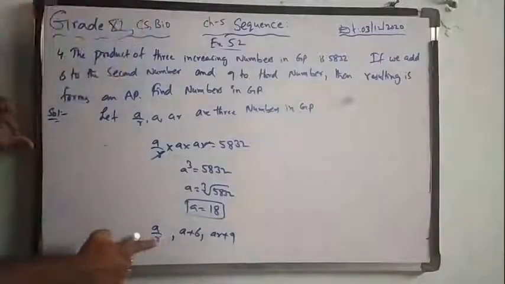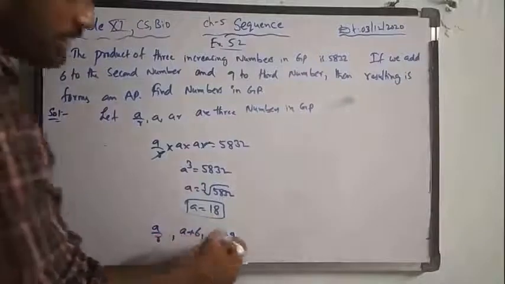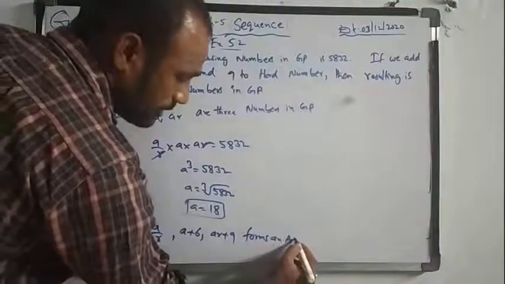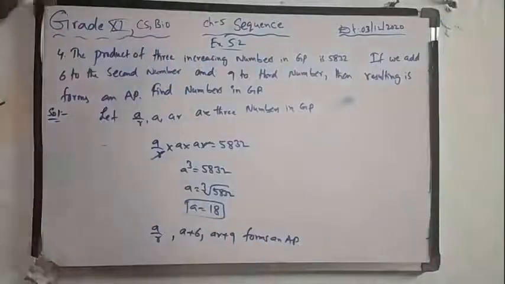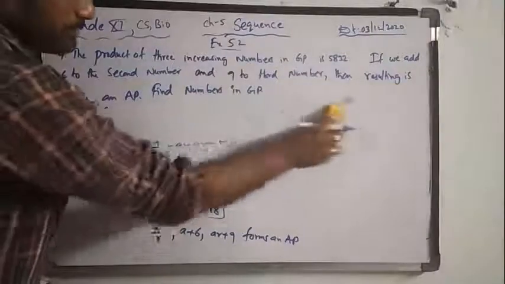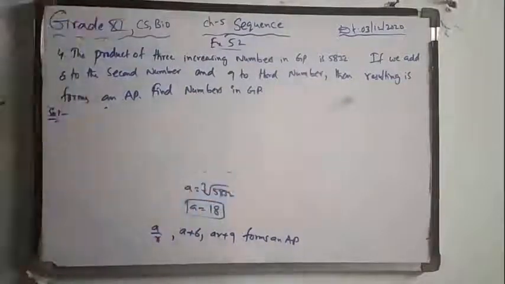So a by r, a plus 6 and ar plus 9 form an AP. If it is forming an AP, we know that 2b is equal to a plus c. So 2 times the middle term is equal to a plus c.